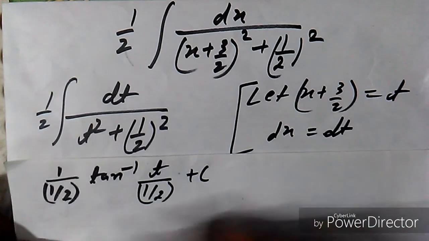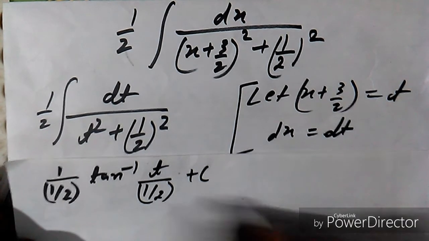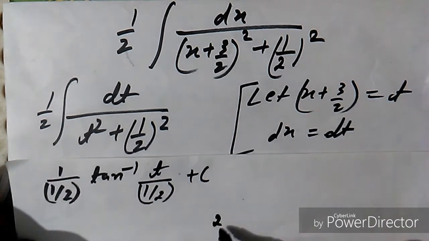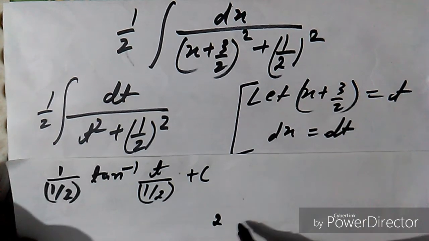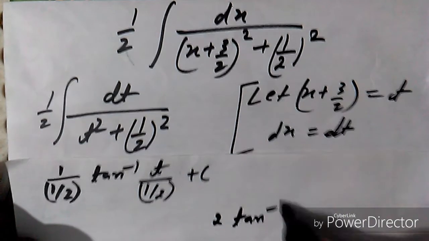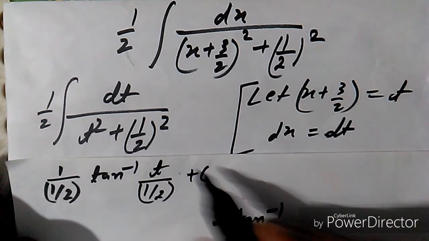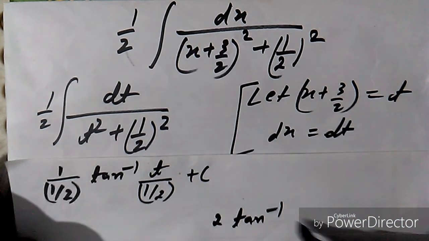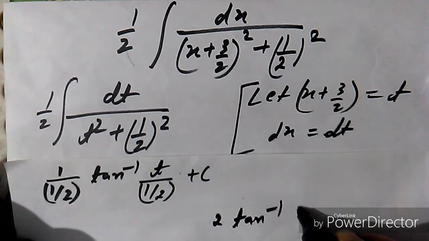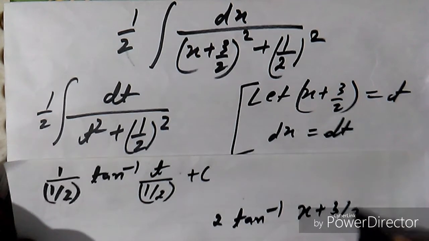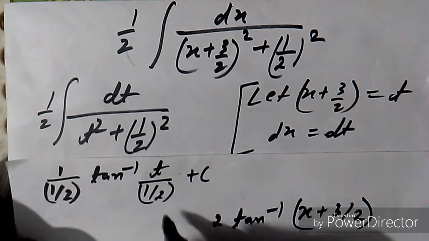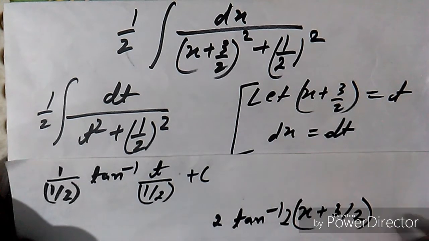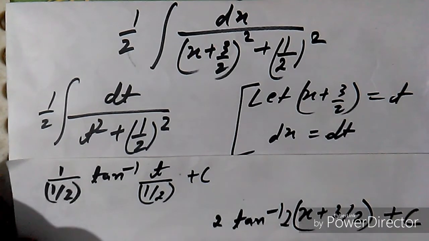Then 1 by 2, that is 2 tangent inverse t, we let it, t is x plus 3 by 2. Then we take it (x plus 3 by 2) and 1 by 2, that is 2, plus c.